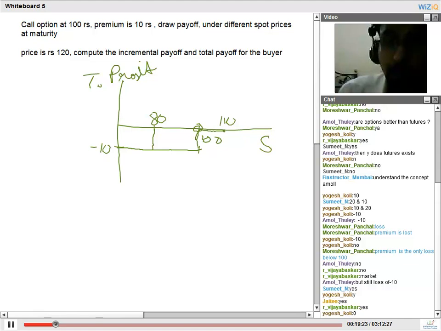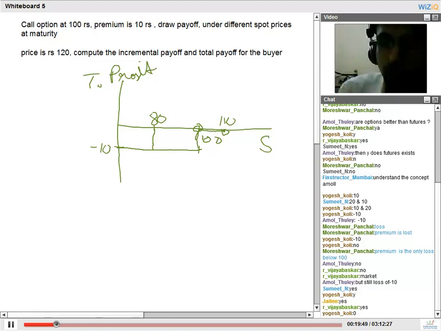But he has the option to buy it at 100, and now the market price is 110. So he will make a 10 rupees incremental profit, which will help reduce his upfront cost. That 10 rupees profit will entirely be eaten up by the 10 rupees premium that he had paid upfront. So his overall payoff is going to be 0 rupees.